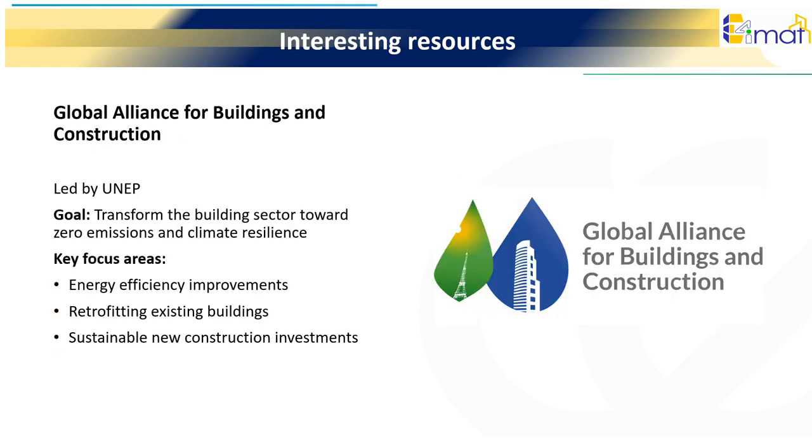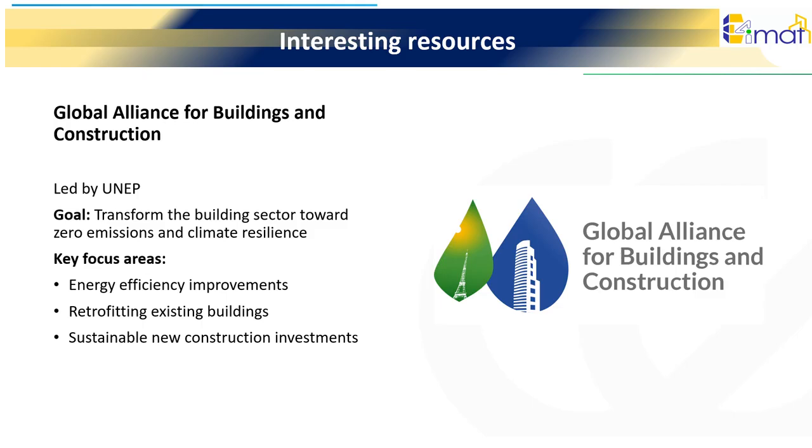Global ABC, the Global Alliance for Buildings and Construction, is an international platform led by the UN Environment Programme, UNEP, bringing together governments, the private sector, civil society, and international organizations to transform the construction sector towards zero emissions, greater efficiency, and climate resilience.